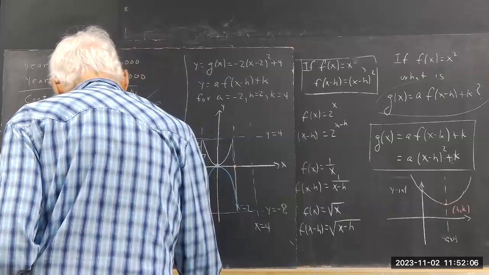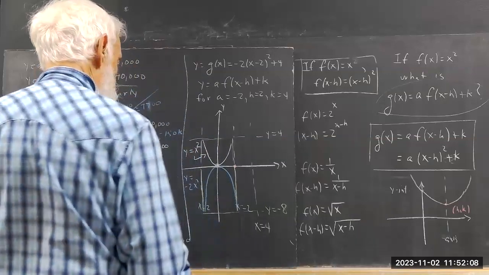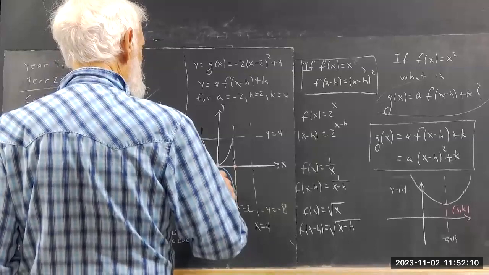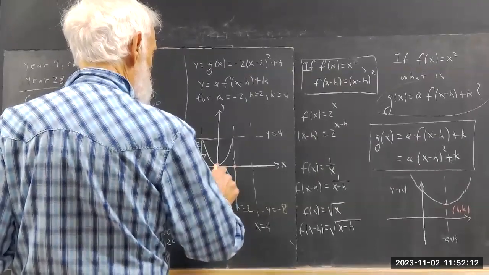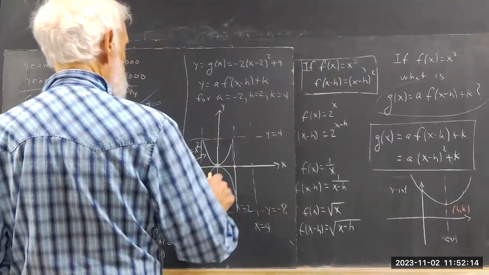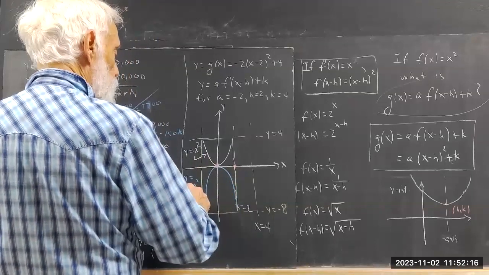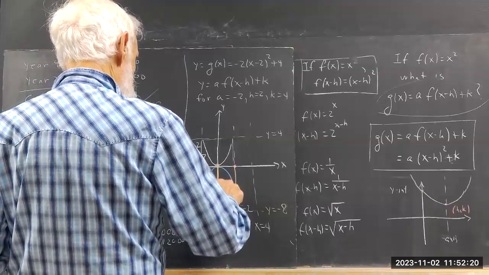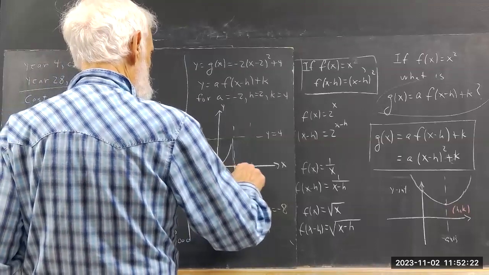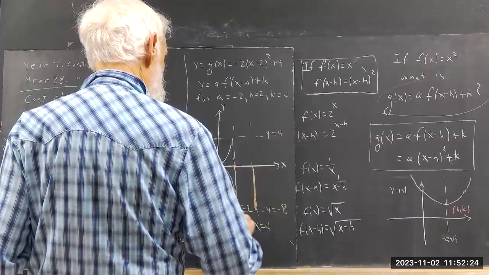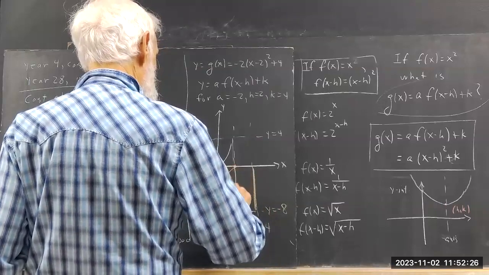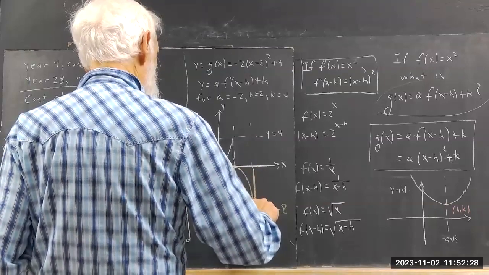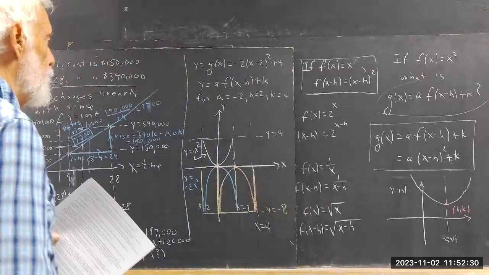So I'm going to have to shift this graph over so the red dot is here. It's this graph, the y equals -2 x squared graph, that I have to shift over. And my rectangle for that graph will be here. And it's going to look like this.